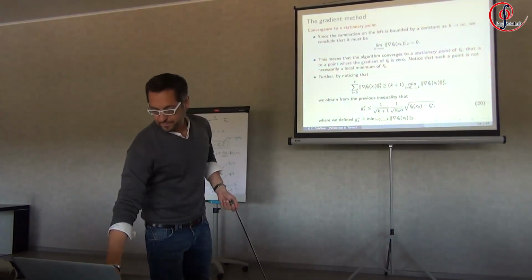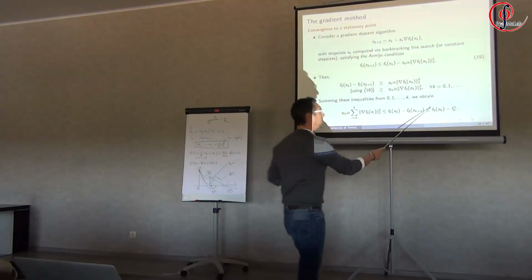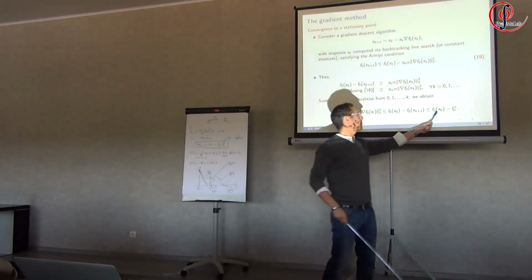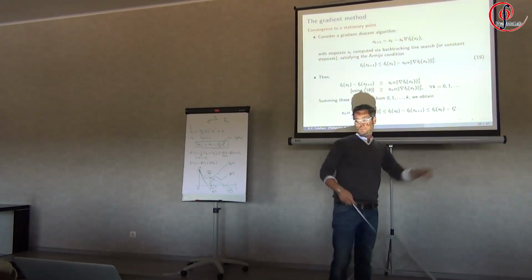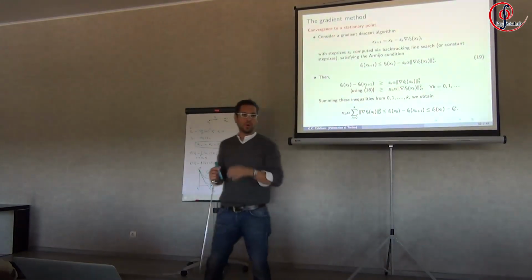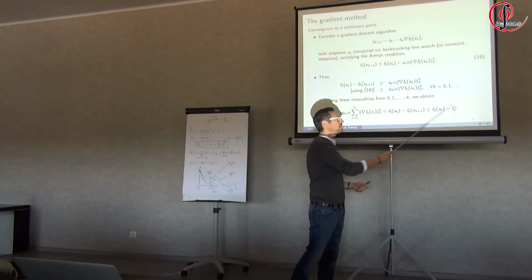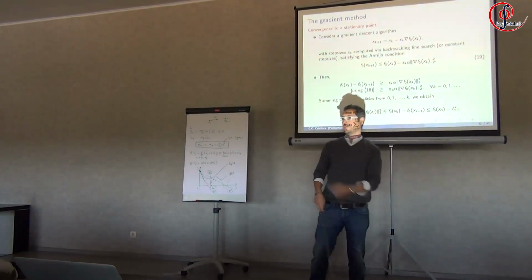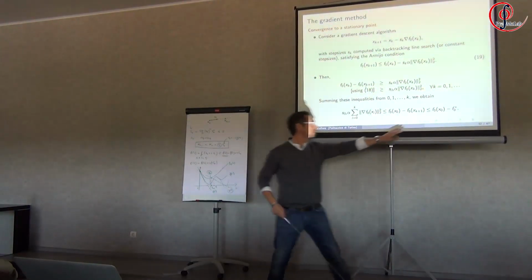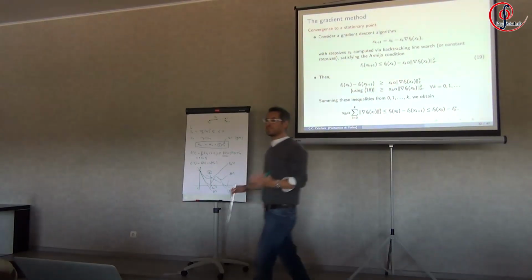But now, this quantity here depends only on the initial point, and it is a bounded quantity, it's a finite quantity, it's a number. This is a number that only depends on the initial point. Given the initial point, we have a number here, so it's a fixed number.